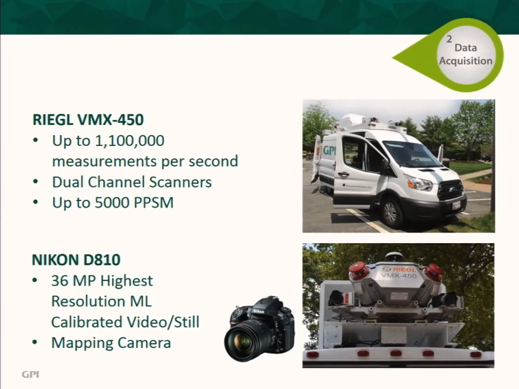It also has built-in 36 megapixel cameras, rear view cameras and forward-facing cameras, so you've got a 360 view of all of the imagery being collected at the same time as you're collecting LiDAR.